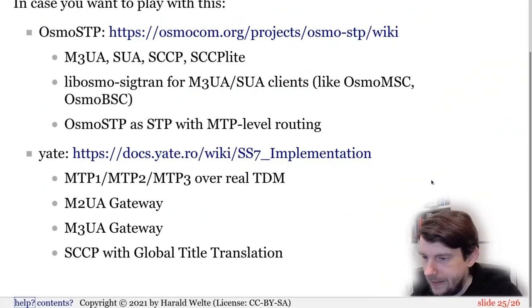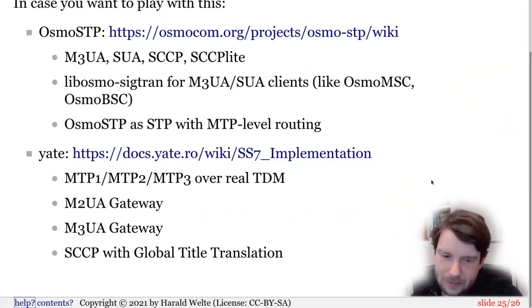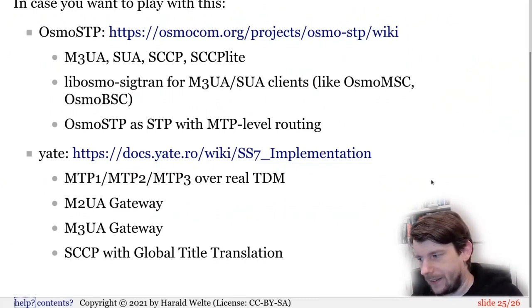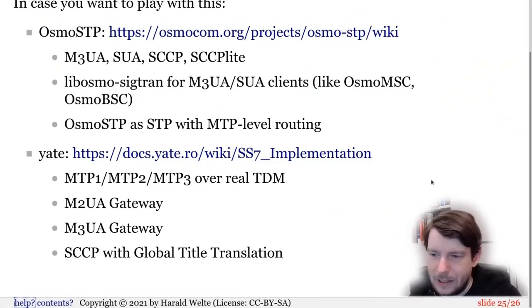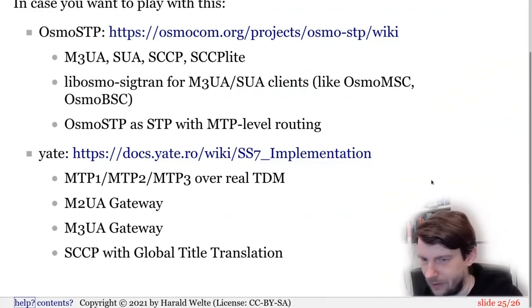In addition to that, what you can also do, but you're most likely not allowed to do unless you have licenses from Cisco for that, is Cisco ITP, which is how the product is called, the Internet Transfer Point. It's basically a combined STP plus signaling gateway that you can run on real Cisco hardware, for example the 2700 series of Cisco devices you can get for like 50 or 60 euros on eBay.